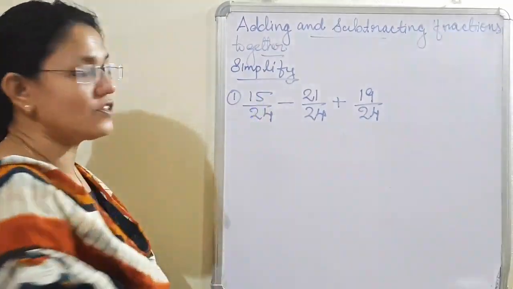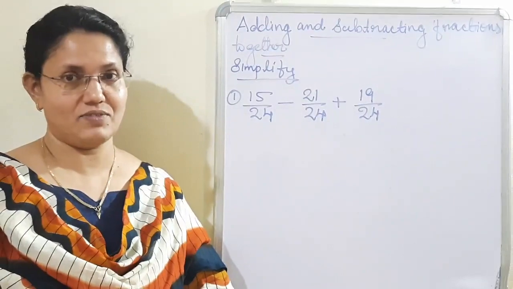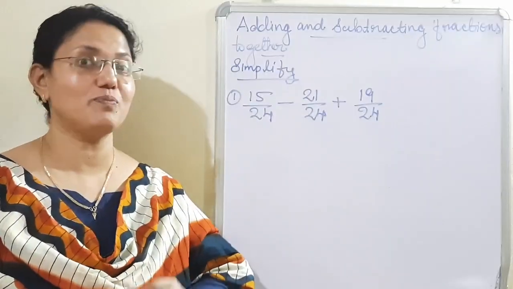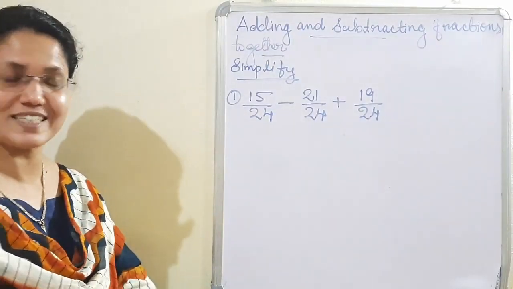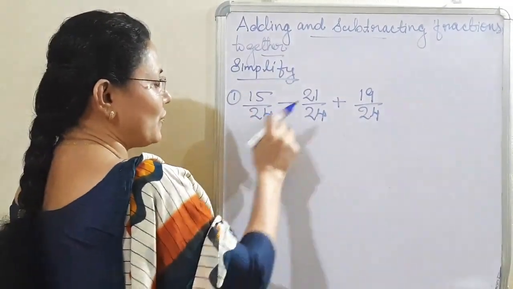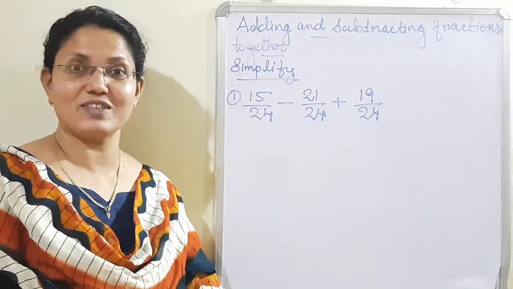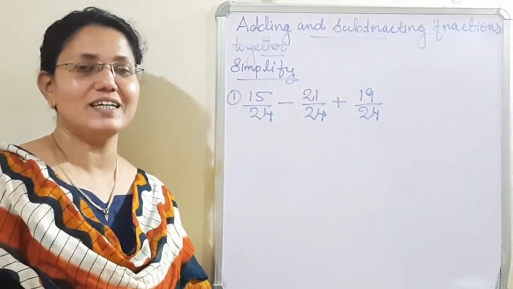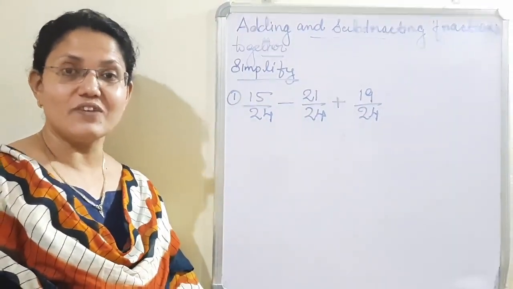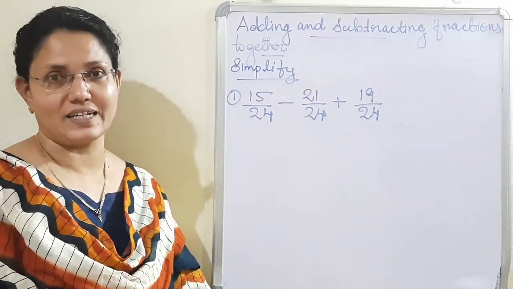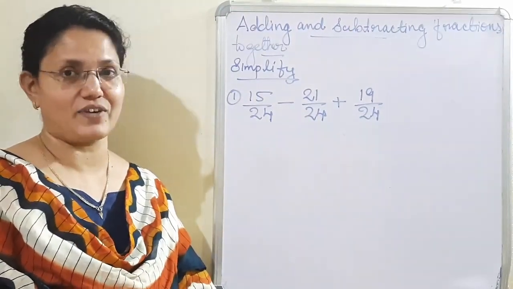For the first fraction, there is no sign, which means we have to add that. Without any sign, if a fraction is given, you have to add that. So we have to add 15 by 24 and 19 by 24. When you get a question with addition and subtraction together in like fractions, we should add the fractions with the plus sign, and from this sum we have to subtract the other fraction.